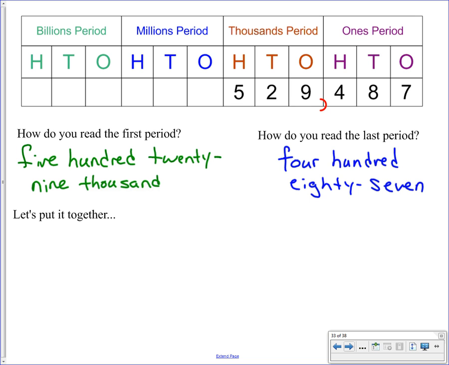So therefore, when I put them together, this whole number would be written as 529,000.